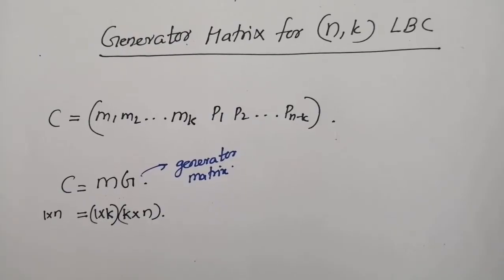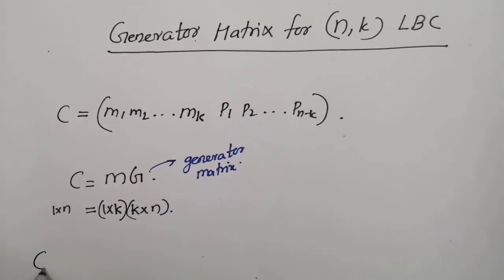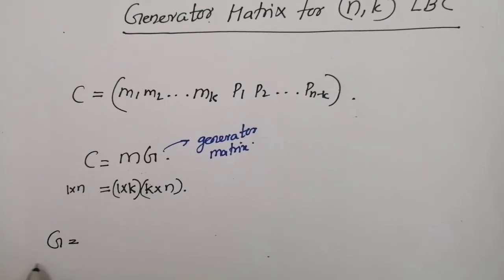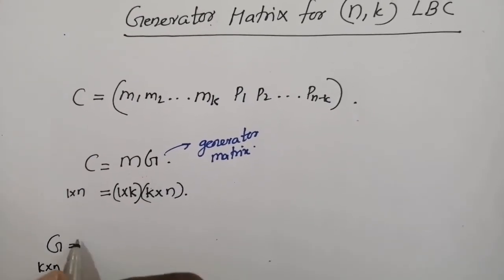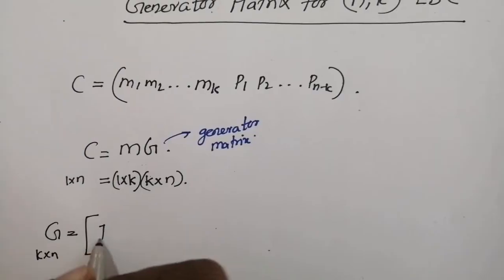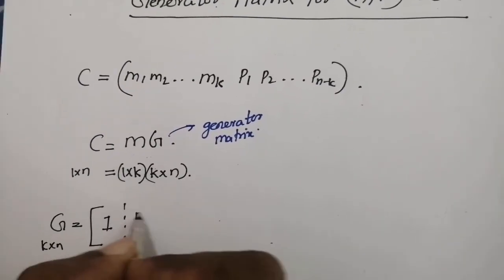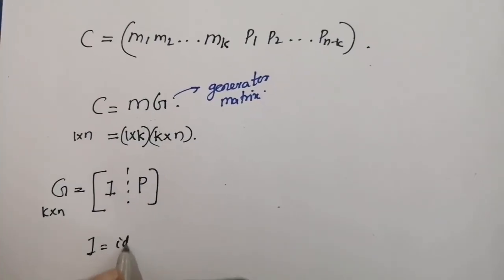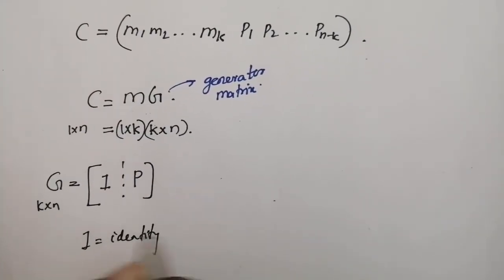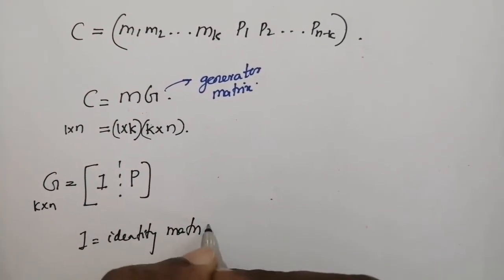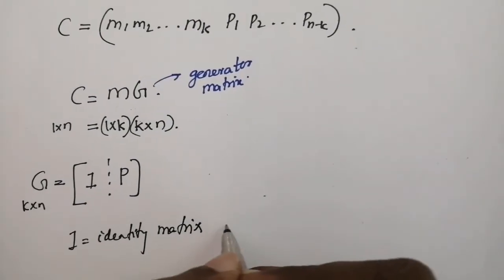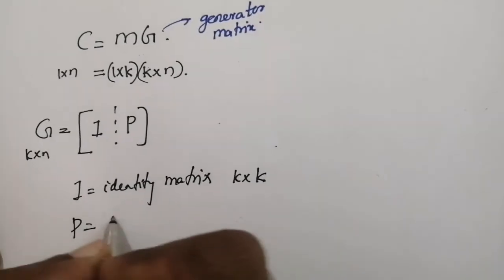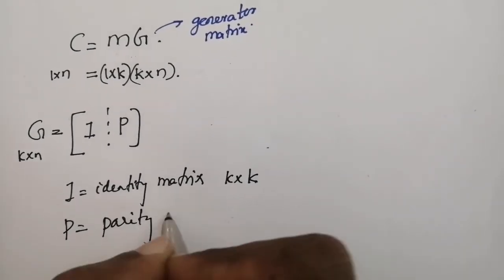Now we will look at the structure of the generator matrix G. We know that the dimension of G is k by n. The structure of G will be [I P], where I is the identity matrix of dimension k by k, and P is the parity submatrix.